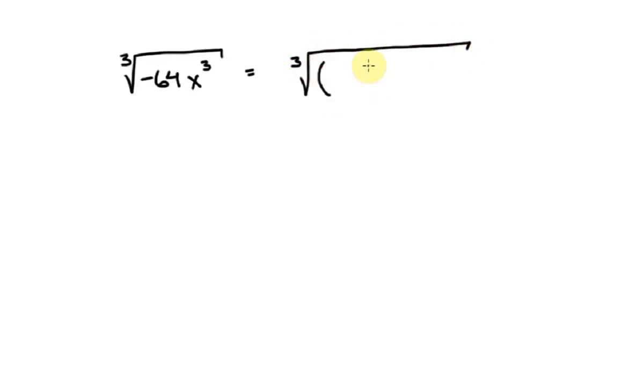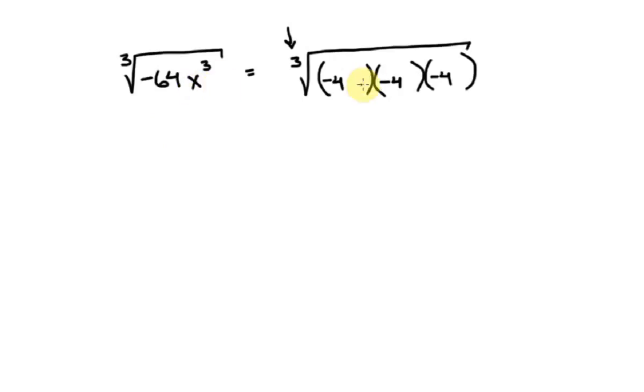In other words, wouldn't it be easy if I could figure out 3 identical groups, all of which are equal to negative 64x cubed? Now, why 3? That's because this is asking for a cube root. So I could look at the numbers and go, how about negative 4 times negative 4 times negative 4? Yeah, that's going to give me negative 64.